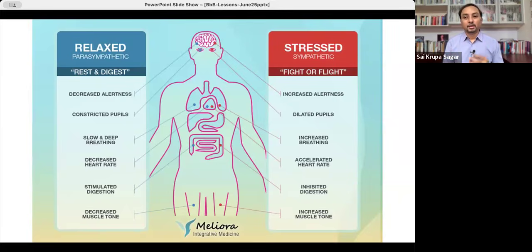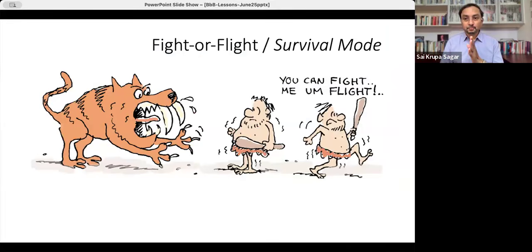So that is a time when energy doesn't go to your digestive system, your immune system, or your reproductive system. These are all secondary activities which are not needed for you to run or fight. So that should happen ideally only through your stress mode, right? Evolution built that stress mode in our ancestors millions of years ago for them to run away from dangers at that time.